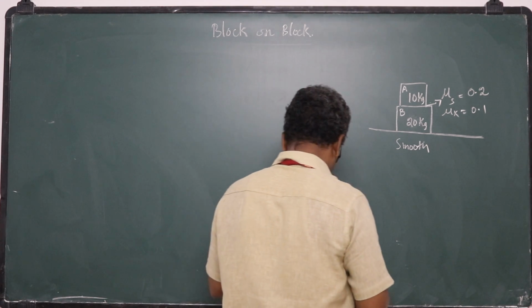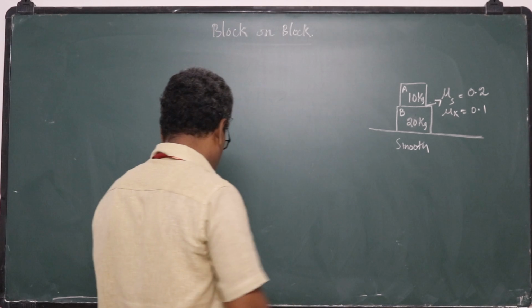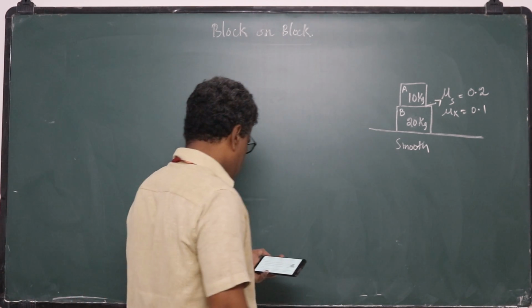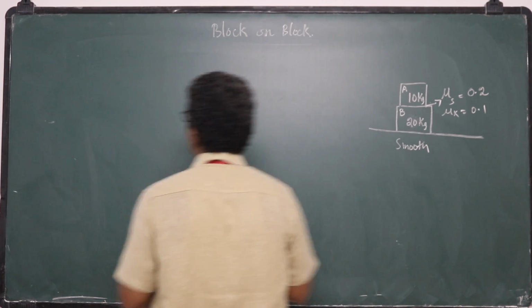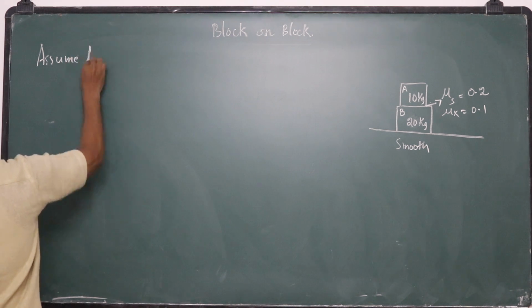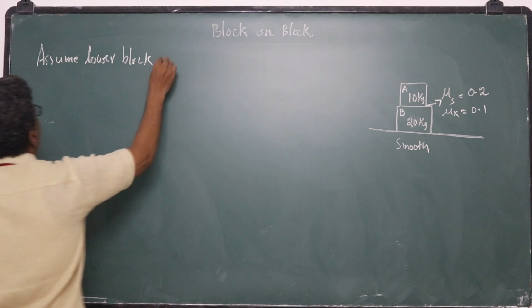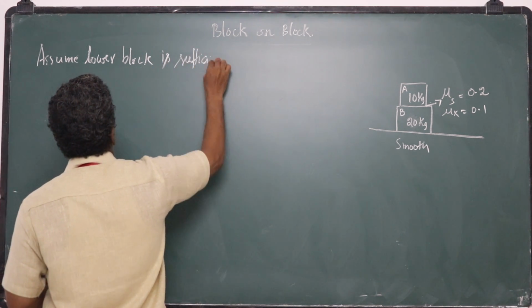Now see this diagram. In the given figure, the block A is placed on the block B and both are placed on a smooth horizontal plane. Assume the lower block is sufficiently long.